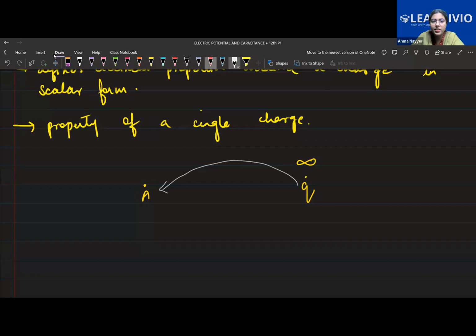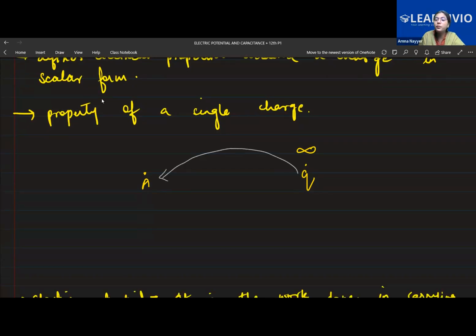So what will happen when the charge is moving from infinity to a particular point? Again, there will be an external force, again there will be a displacement produced, so you will again have work done in your system. Now this work done in bringing a unit positive test charge from infinity to that point is what is called electric potential.